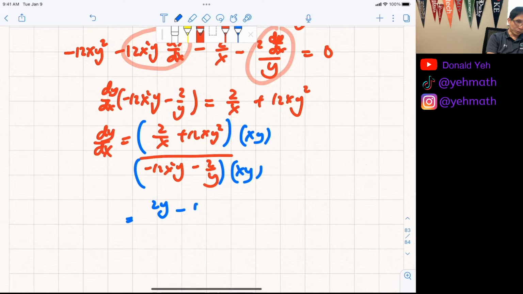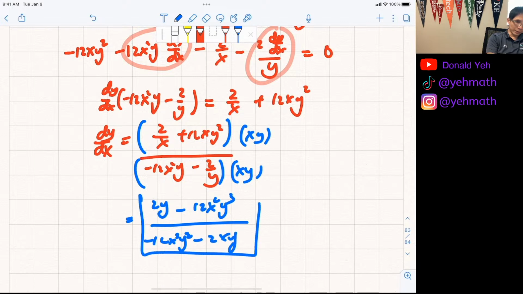minus 12x squared y to the third over negative 12x cubed y squared minus 2xy. And this will be plus 12. Yeah, plus. Maybe just minus 2x. Just find the bottom, because you already took out the y. I didn't take out y.